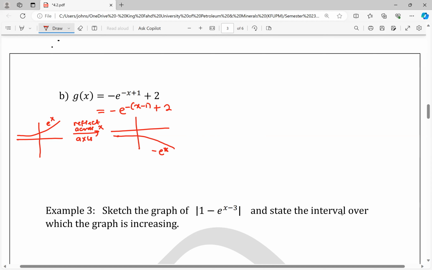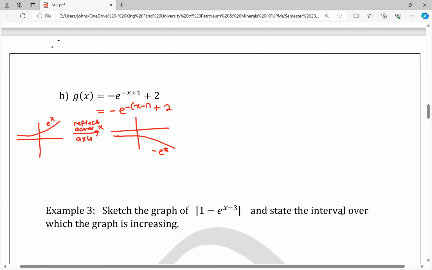e to power x, right? Okay. Then we can now reflect across what's y-axis. Because of this minus now, reflect across the y-axis. We reflect across the y-axis, we should have something like this.